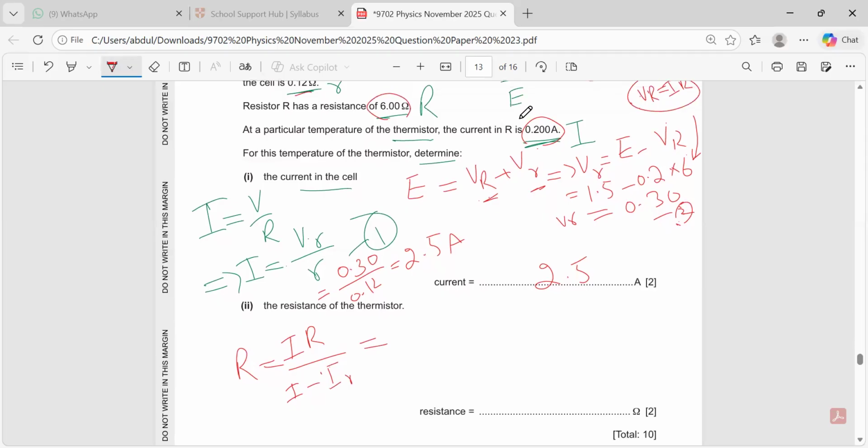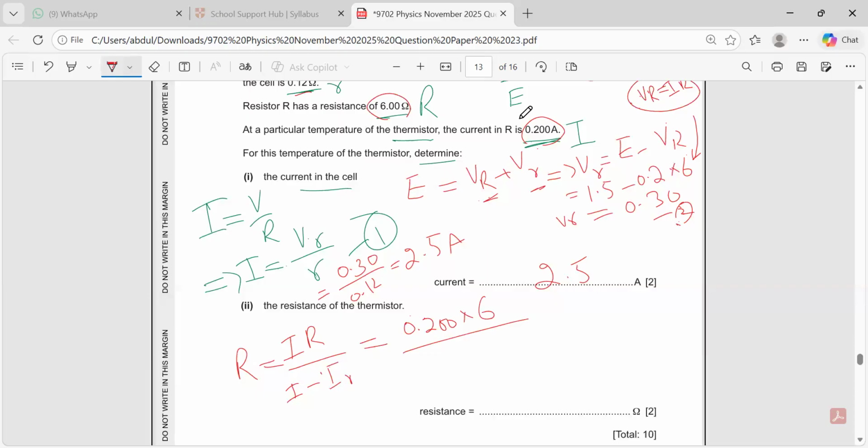So, that is 6. No. See here, this current is 0.200 times, my dear friends, 6, over the total current we just calculated, which is 2.5, minus the current in the battery.